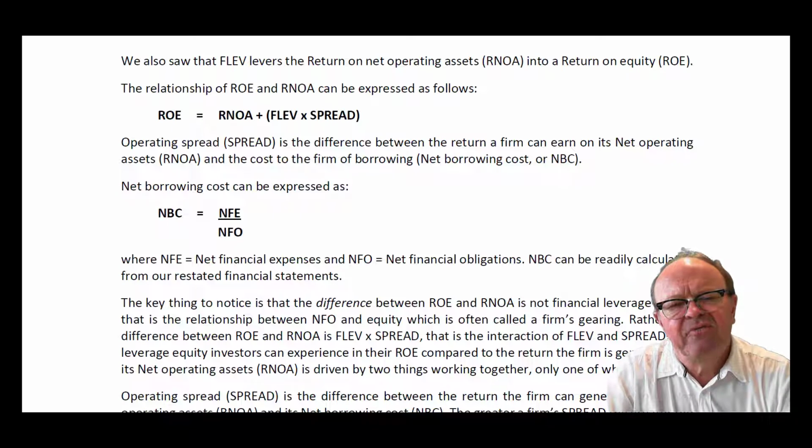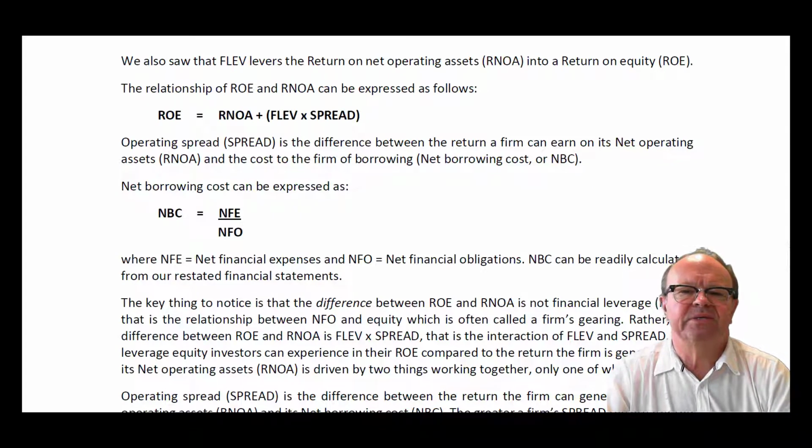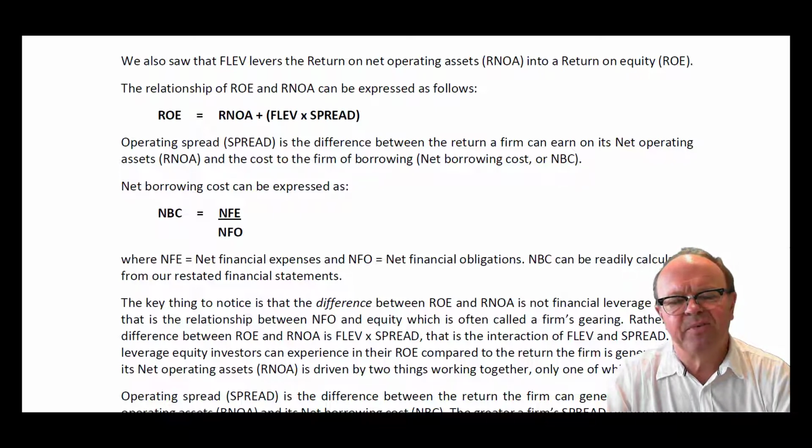The relationship of return on equity and return on net operating assets can be expressed as follows. Return on equity equals return on net operating assets plus FLEV times spread.